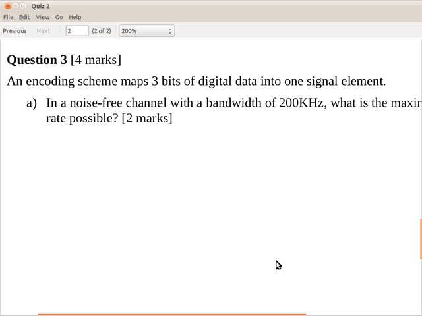If we have binary values and we have 3 binary digits and we get 8 combinations, 8 levels, log of 8 is 3. 3 times 2 times 200 kilohertz is 1200 kilohertz. 1.2 megabits per second, if you work out all those zeros.